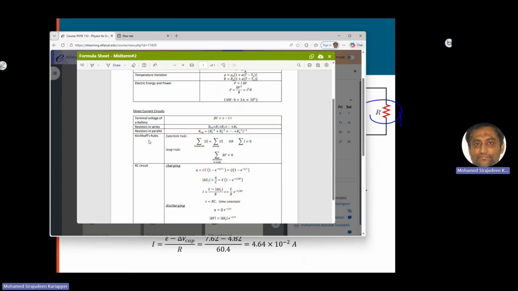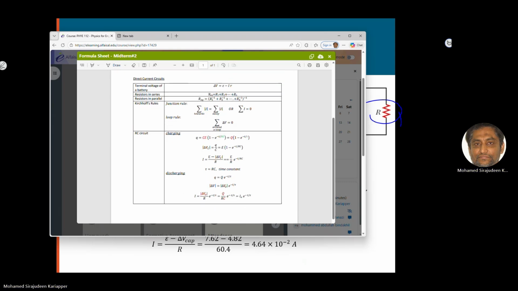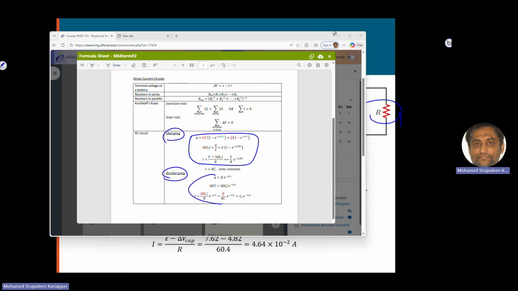As you can see, there are three equations for charging and three equations for discharging. Q as a function of time, that is the charge on the capacitor. Potential difference across the capacitor as a function of time, and the current in the circuit as a function of time.